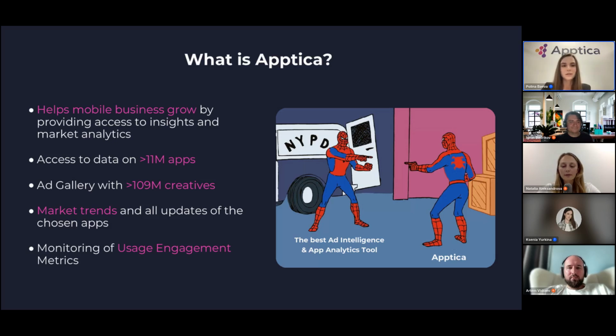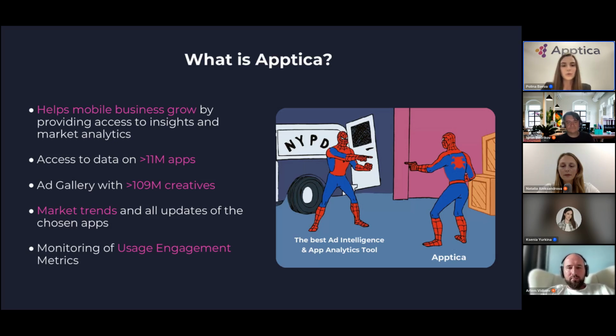And before I start, a few words about Apptica. For those of you who still don't know what Apptica is, our platform is an ad intelligence and app analytics tool designed to help mobile businesses grow.